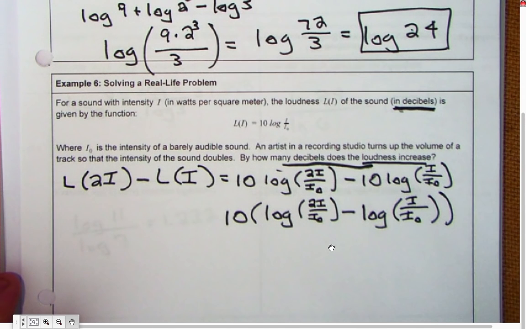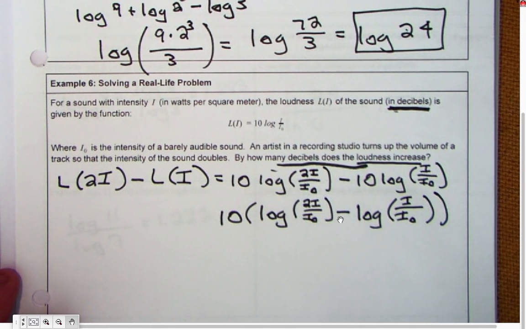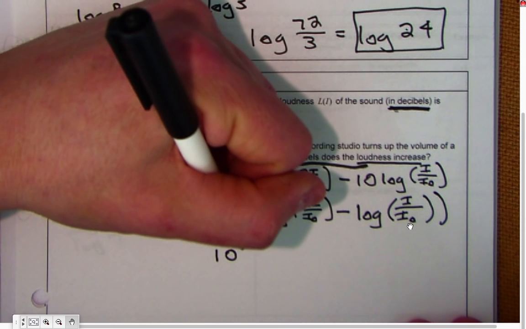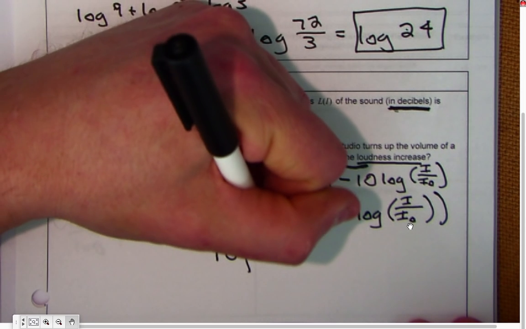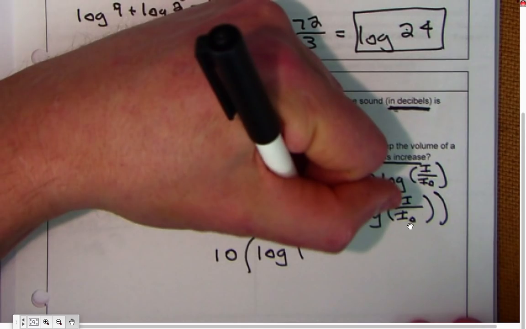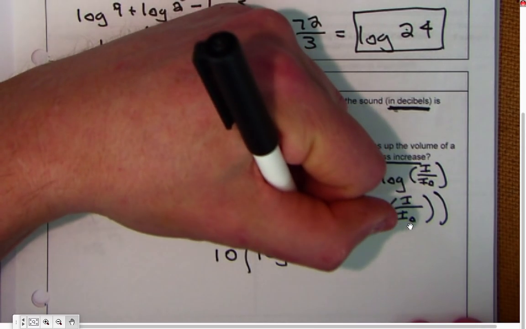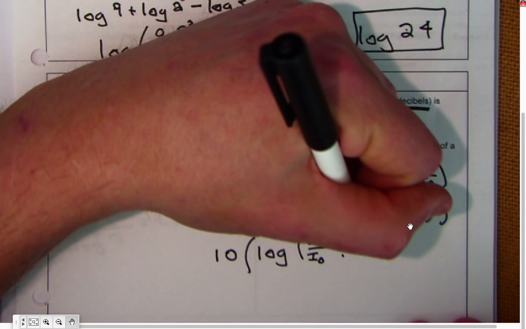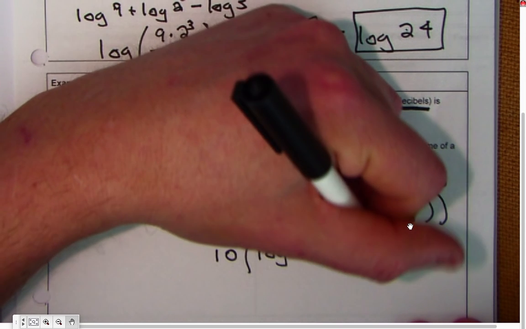Cool? Notice I have a subtraction here. So if I want to combine those two things, I can divide them. I can divide this by this. So I'm going to write it a little differently: 10 times the log of 2I over I sub 0 divided by I over I sub 0.